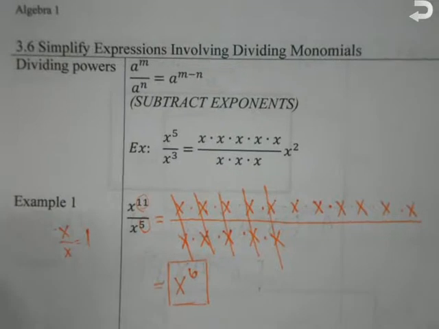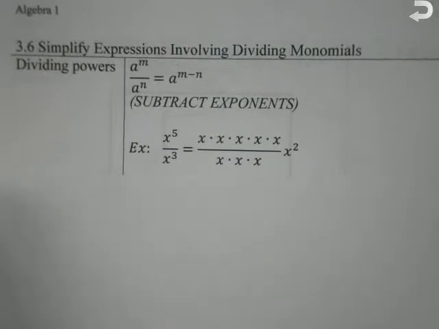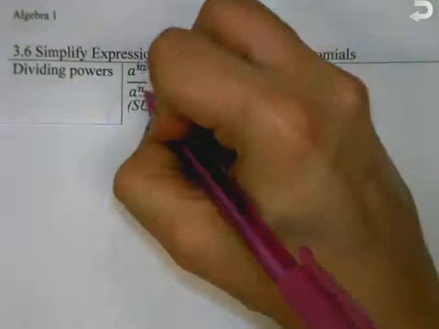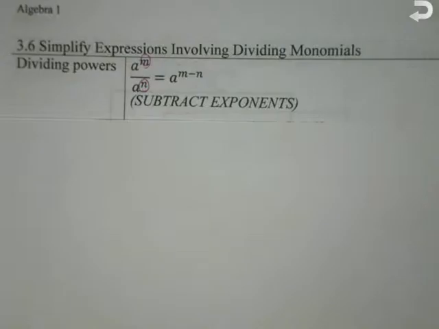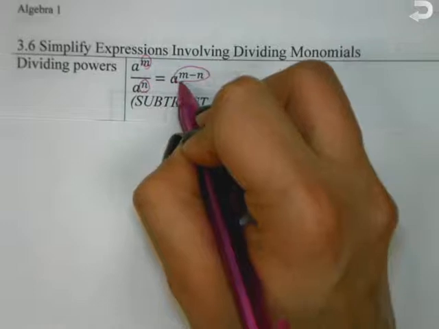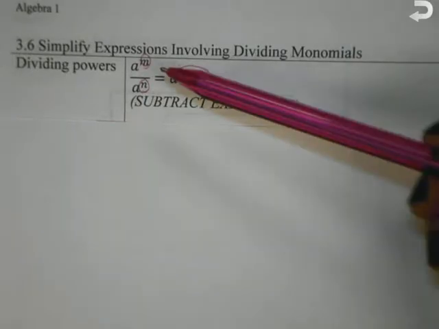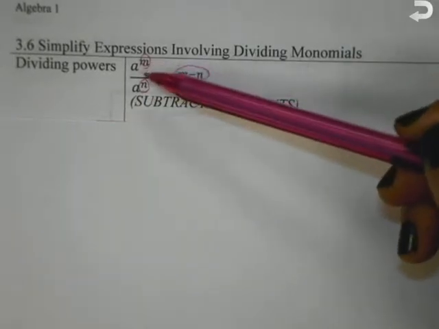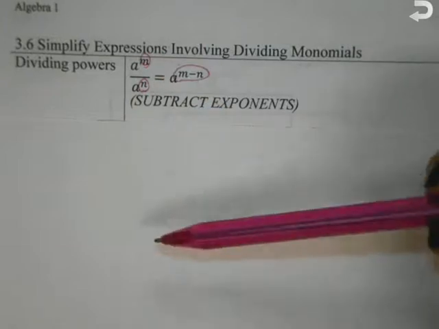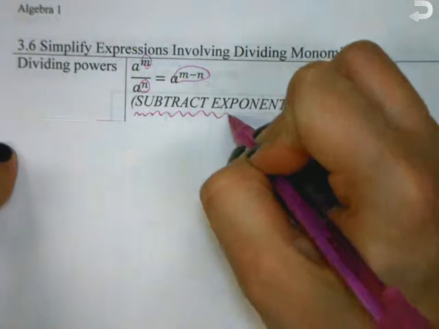The rule for dividing powers, if I have a to the m over a to the n, my answer is a to the m minus n. So we subtract the bottom from the top. Okay? So it's the top exponent minus the bottom exponent, and we subtract those exponents. Make sure you write that rule.